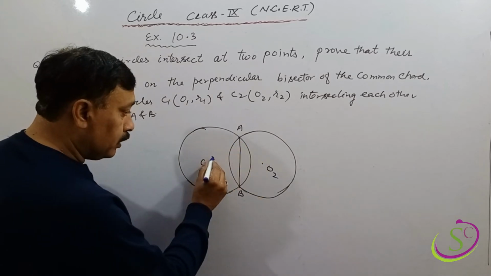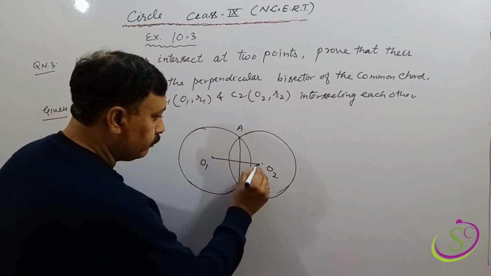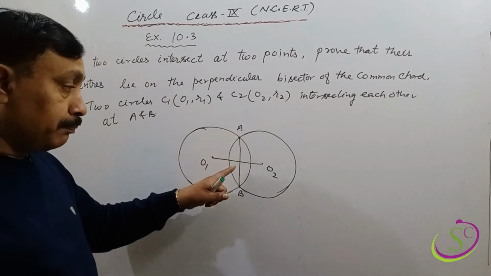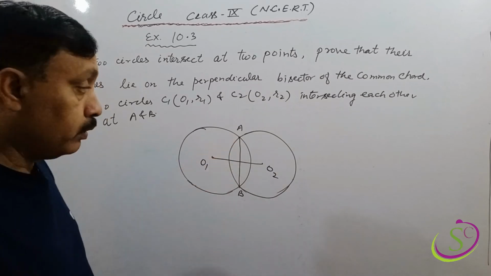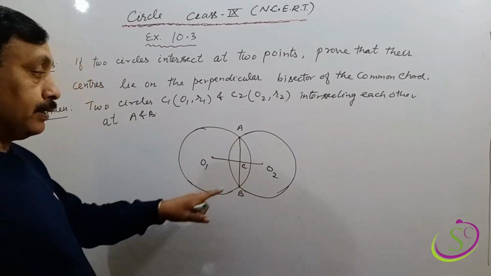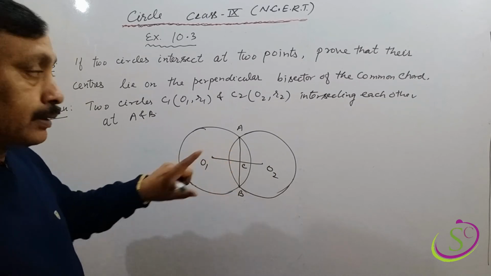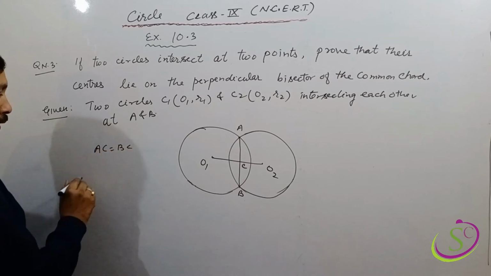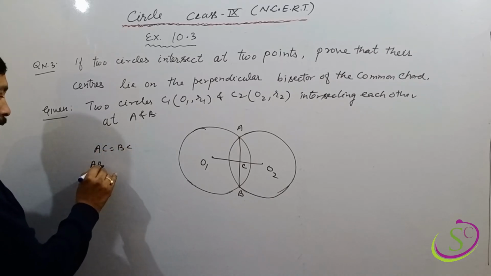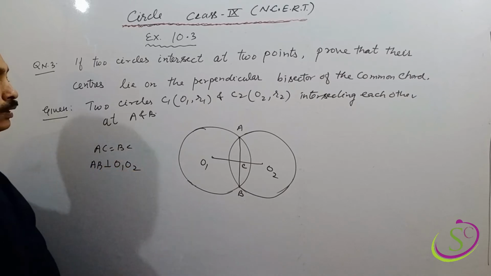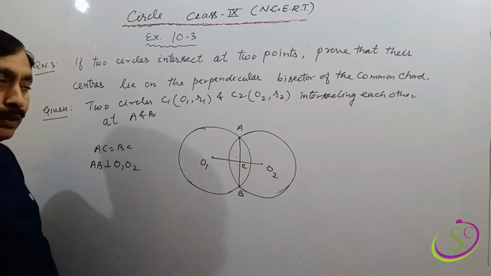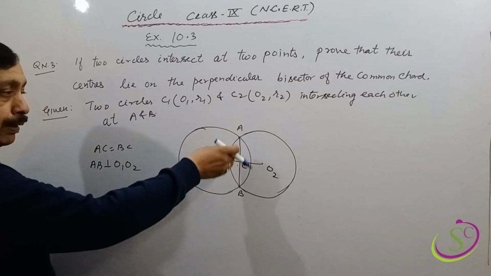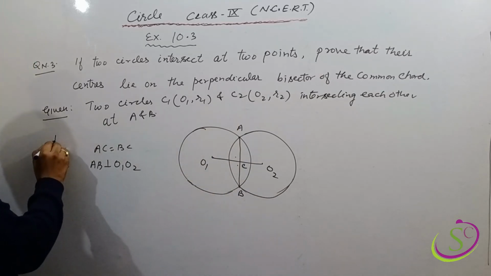When we join these two centers, line segment O1 O2 bisects this common chord perpendicularly and intersects AB at C. So we have to show that AC equals BC and AB is perpendicular to O1 O2, means this angle is 90 degrees, this also we have to prove, and O1 O2 bisects AB. This is to prove.